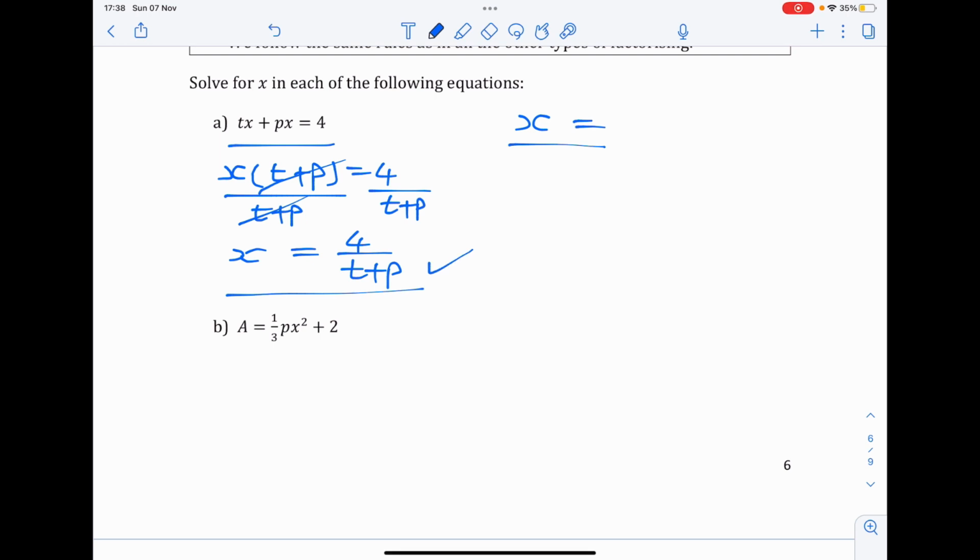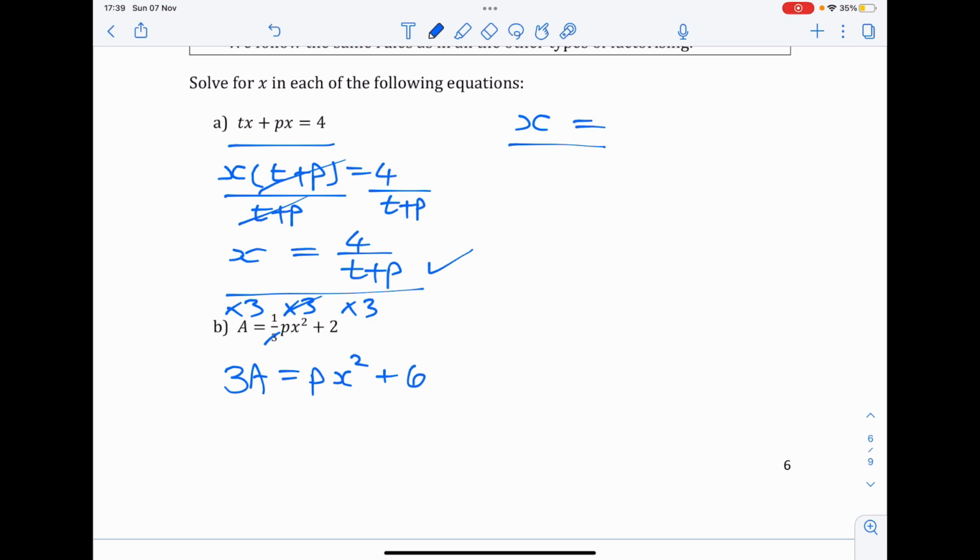In this next one, a equals a third px squared plus 2. So we want to isolate the x squared. First thing we can do is get rid of this fraction, so we can multiply each term by 3, the denominator. So 3a is equal to, that 3 cancels, px squared plus 6.